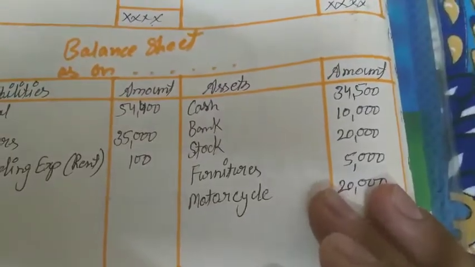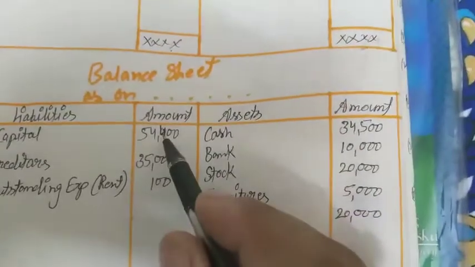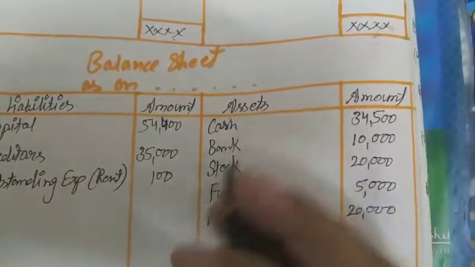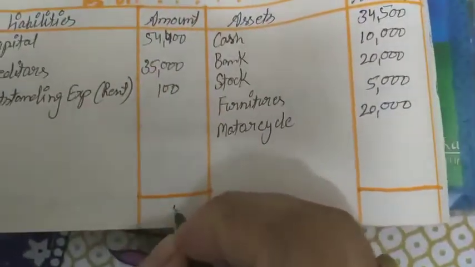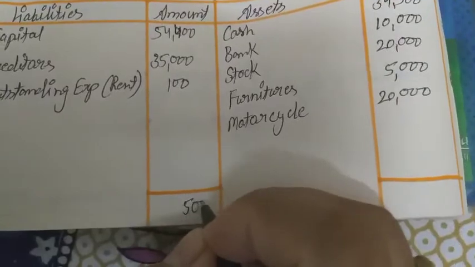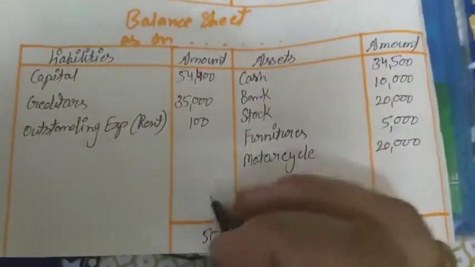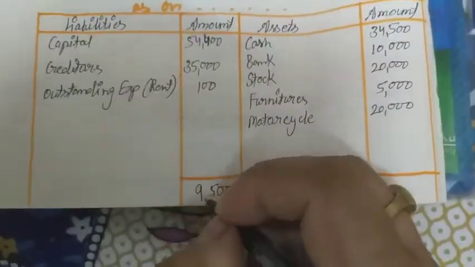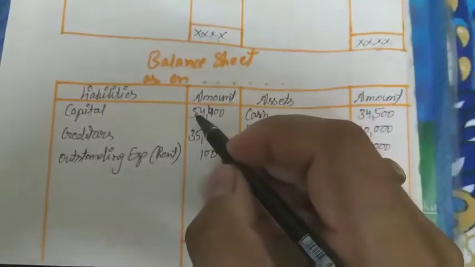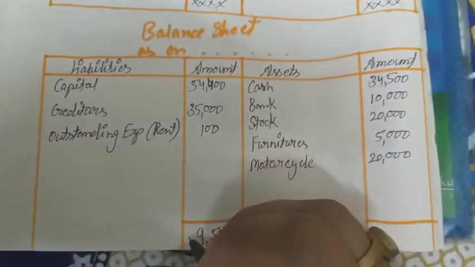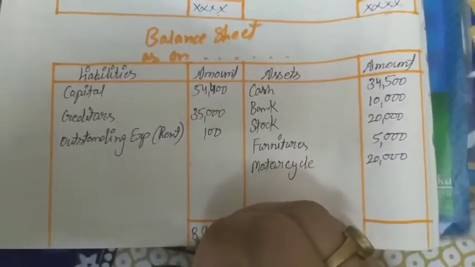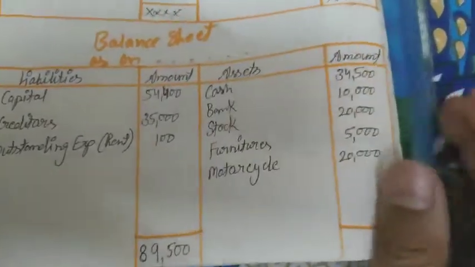now if you total both the sides: 415, 500. 4 plus 5 is 9, and 5 plus 3 is 8, 89,500.